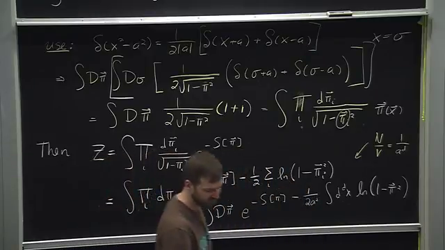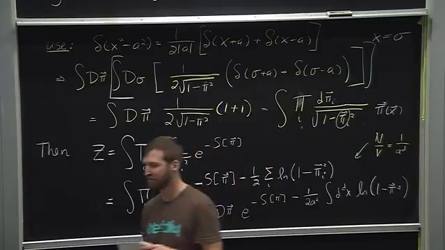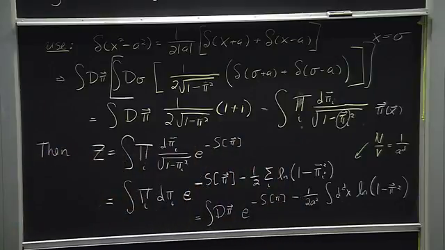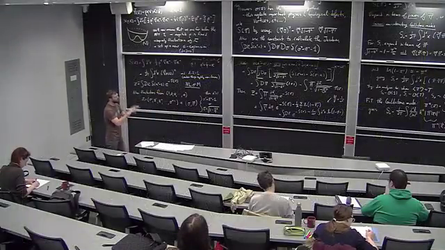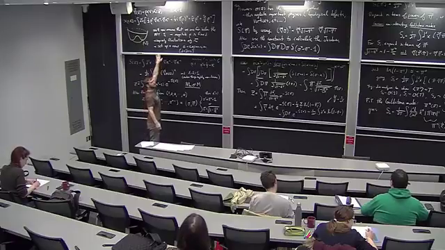Other questions? Okay, so Gaussian piece, let's look at S1, the interacting piece.